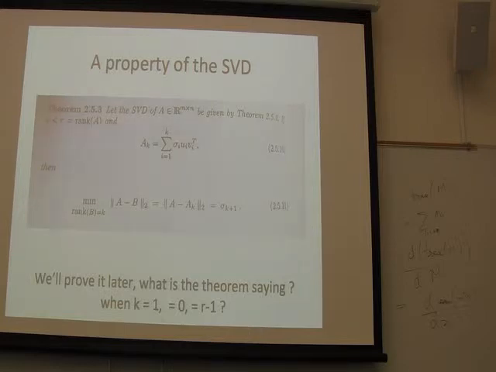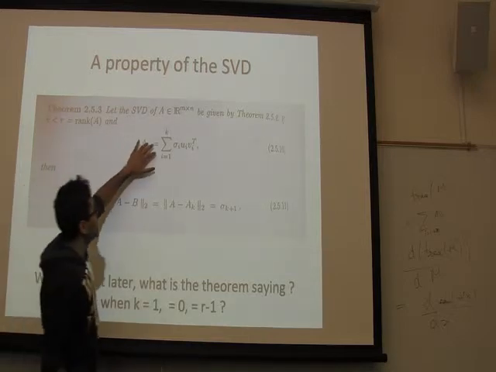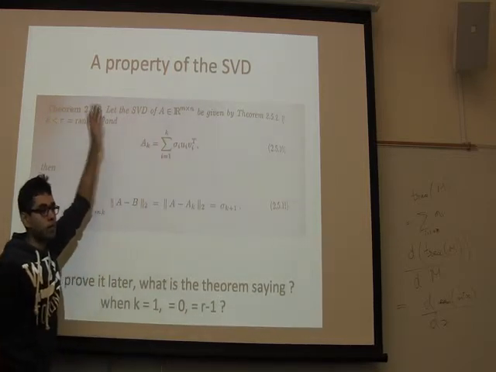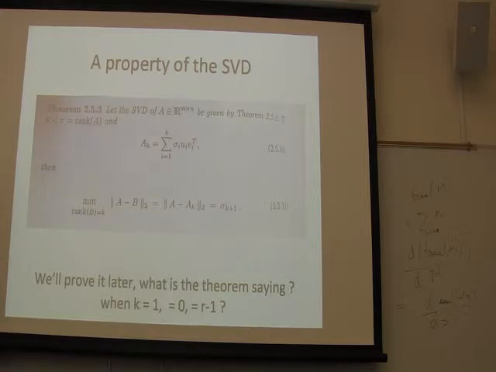So it means you can write A as the sum over i equal to 1 to r. It's exactly like a tensor product of U and V multiplied with the spectral weights. I shouldn't say tensor product, it's just U times V, just a matrix product. I don't know what you mean, because these are all vectors.